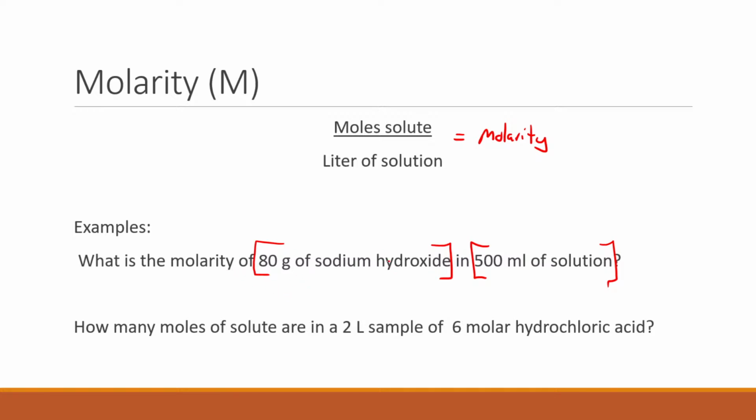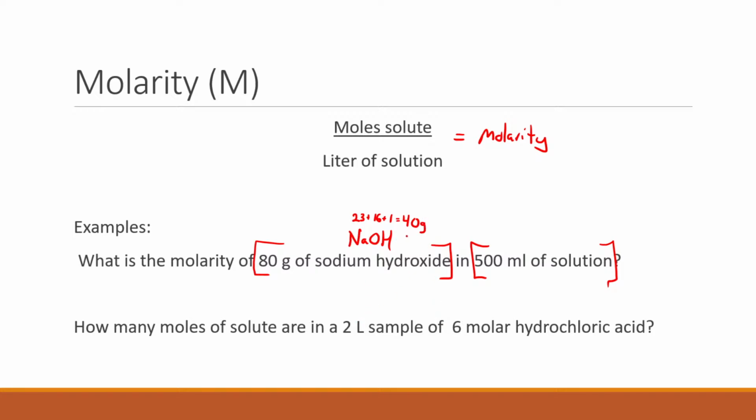For the top one, 80 grams of sodium hydroxide, first I need to identify what sodium hydroxide is. Then I need to calculate what 1 mole of sodium hydroxide weighs by looking at the reference table and taking the molar mass of each atom.